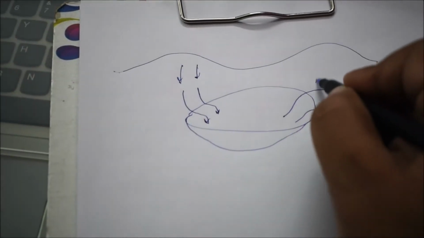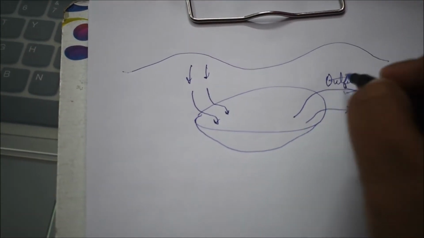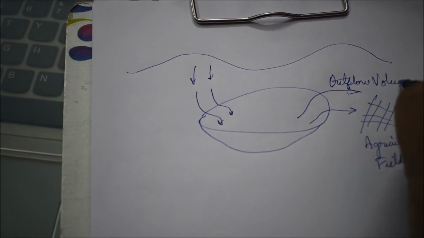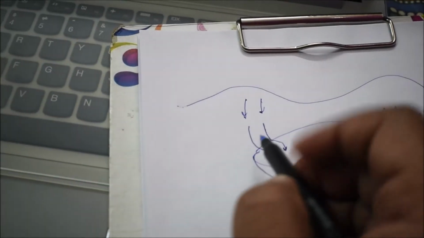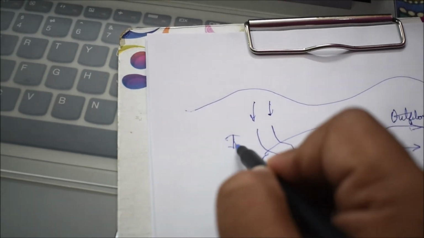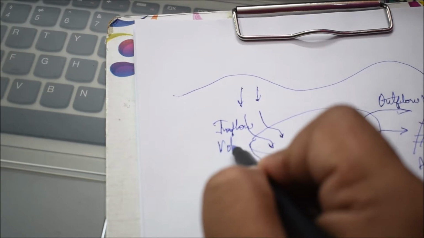So this can be termed as outflow volume, and the water coming from the ridge lines can be taken as inflow volume.